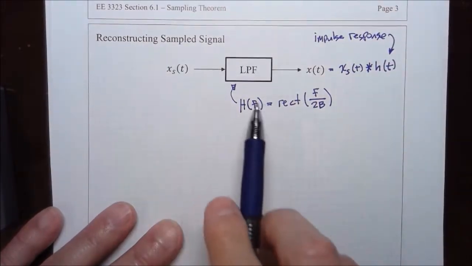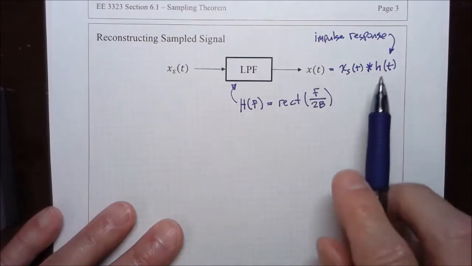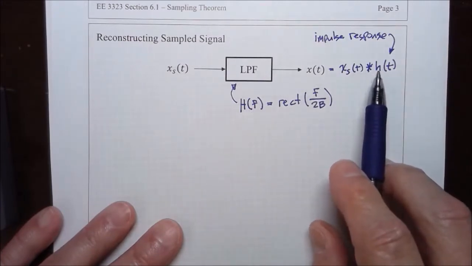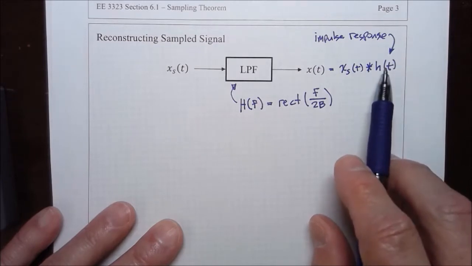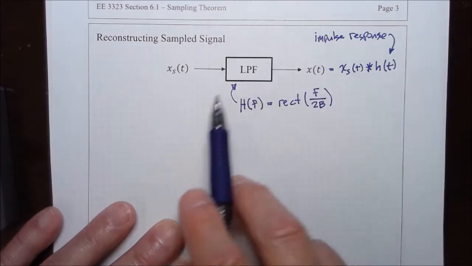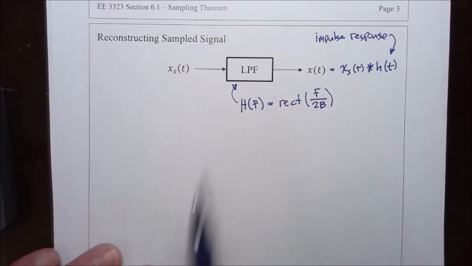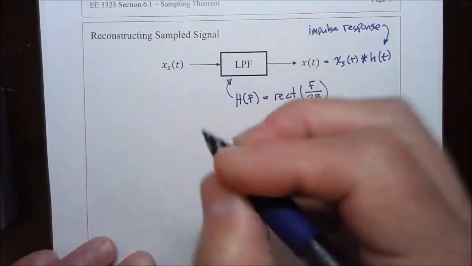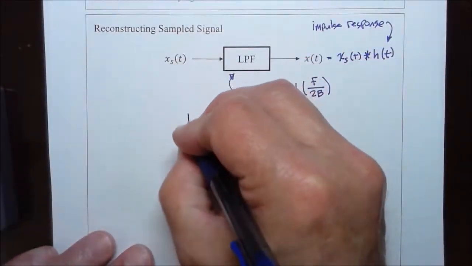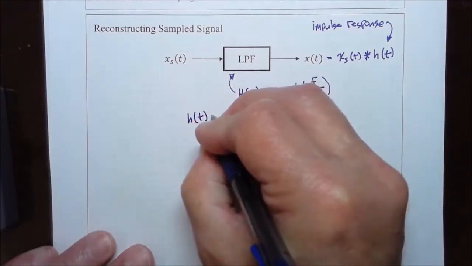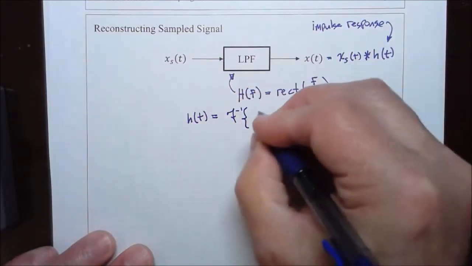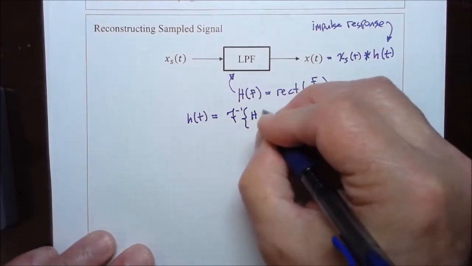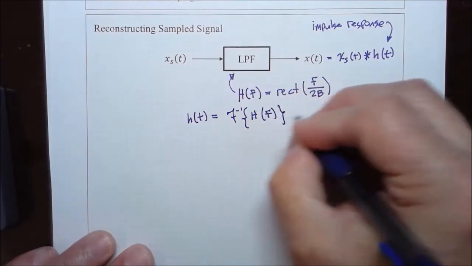And we know that the transfer function is the Fourier transform of the impulse response. So the impulse response has to be the inverse Fourier transform of the transfer function. So we need a low-pass filter, then the impulse response has got to be the inverse Fourier transform of the transfer function.